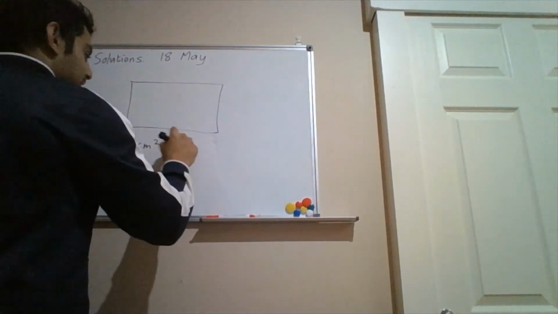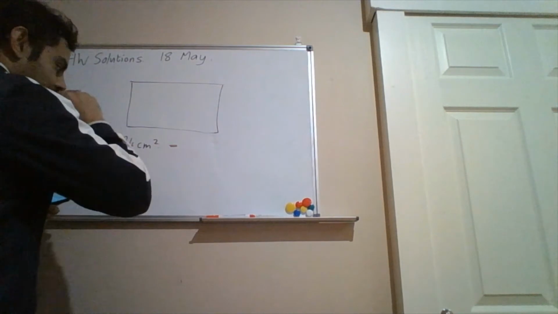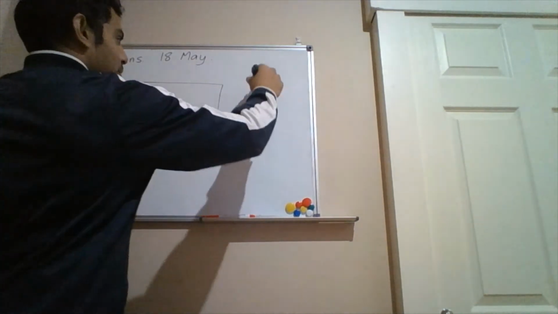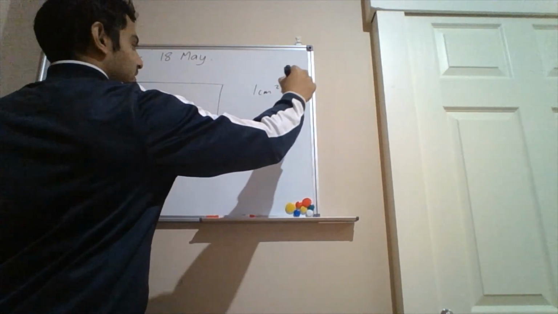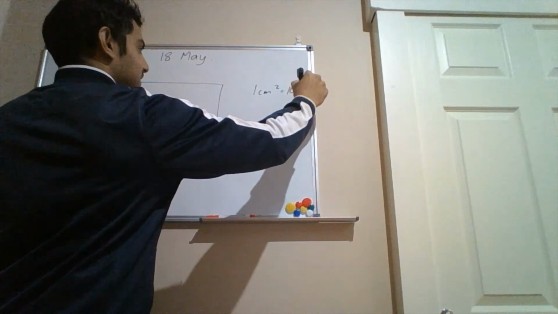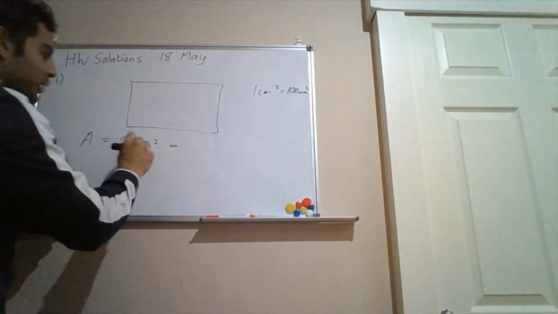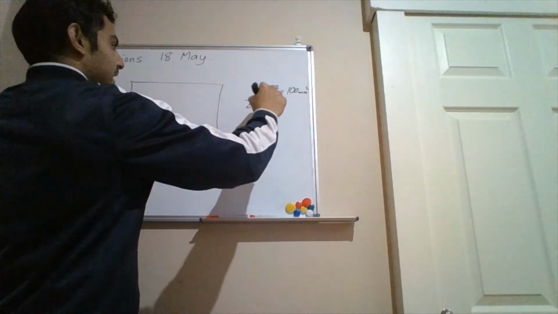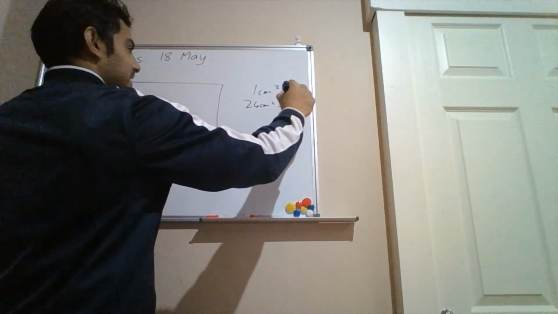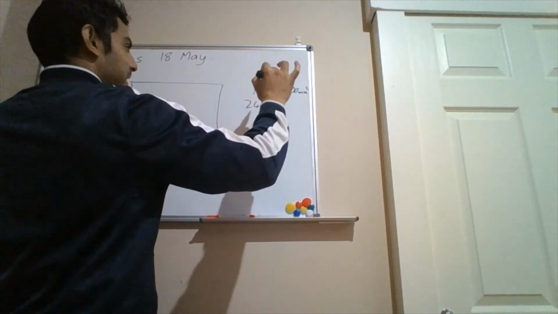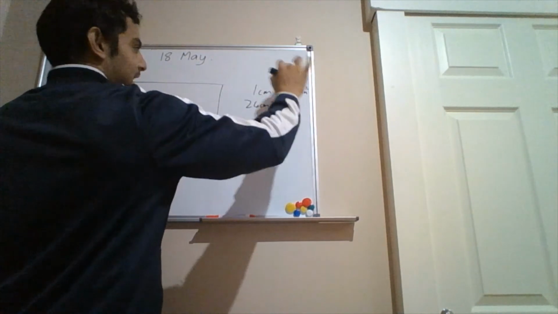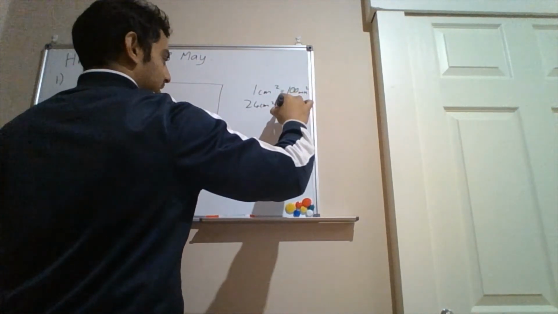And our conversion to millimeters: if 1 centimeter squared equals 100 millimeters squared, then 24 centimeters squared will be the same. So we're timesing the 1 by 24 on this side, and then we have to times the 100 by 24.